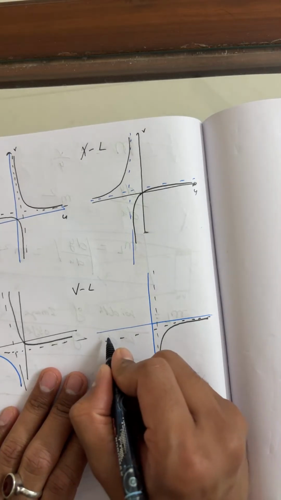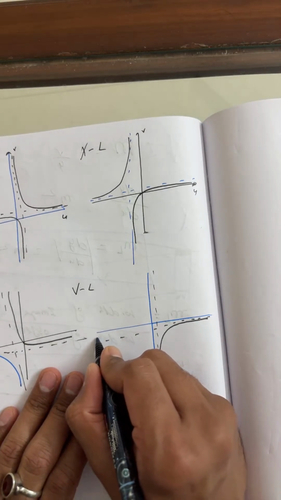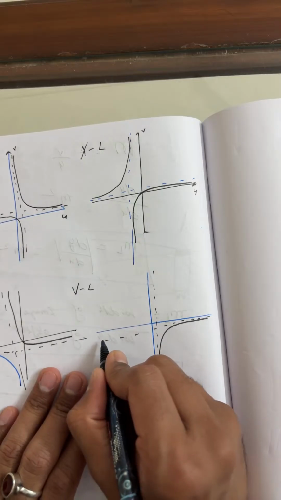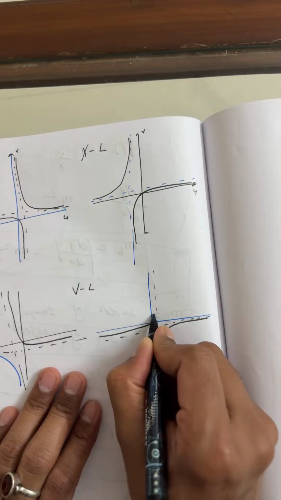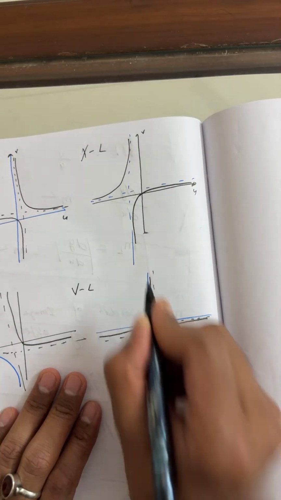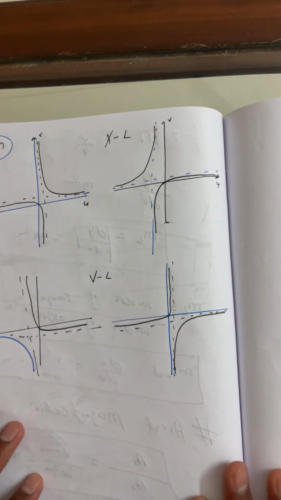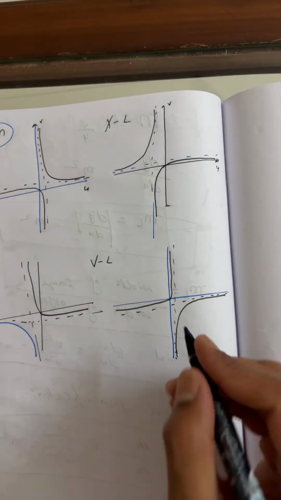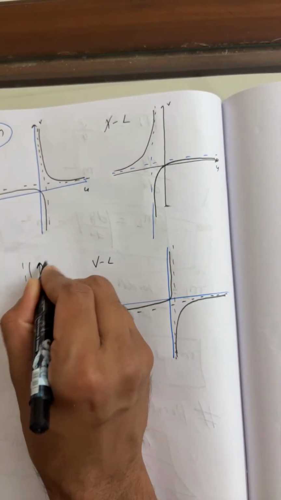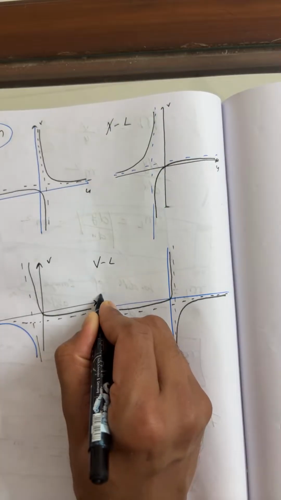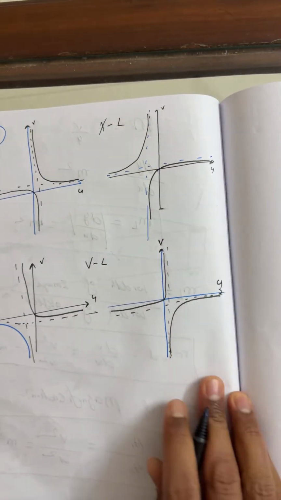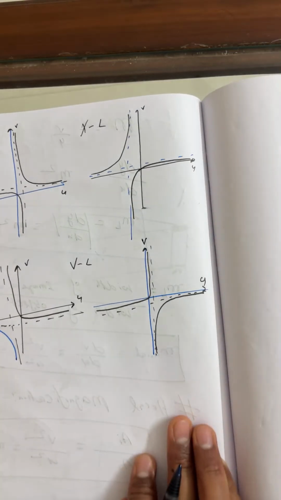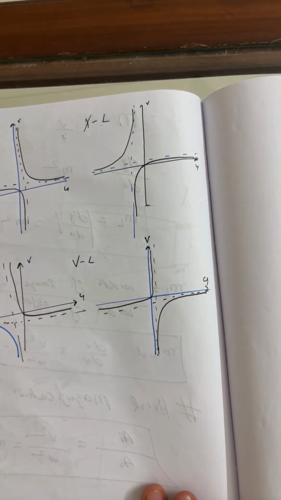So now just take a graph like this. All graphs pass through the origin only. This is the easiest way to remember V versus U. I drew the graph of V versus U everywhere.